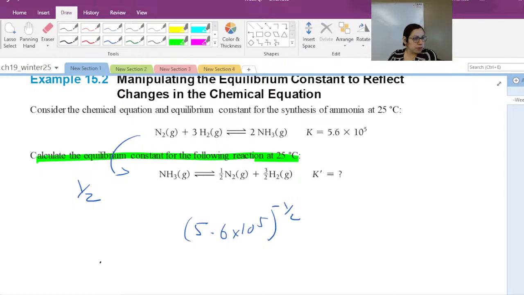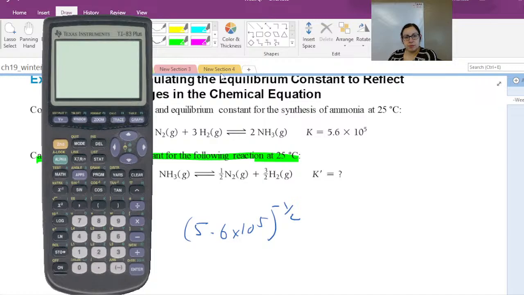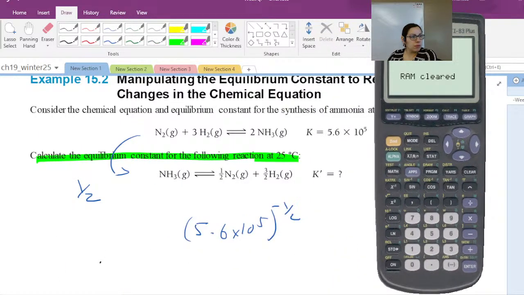So let me pull up my calculator. I got 0.001336. Yeah, that sounds good. And let me just punch it in so everybody can see. 5 to the power of negative 1/2, which is exactly what you said.